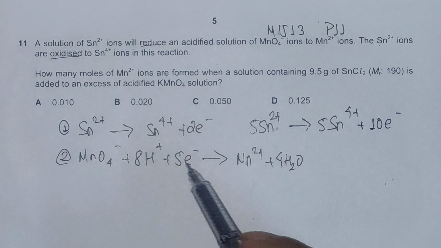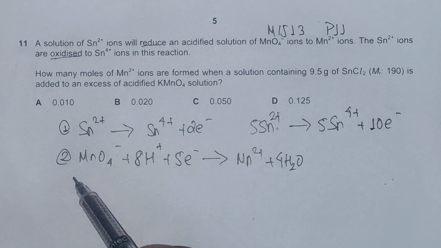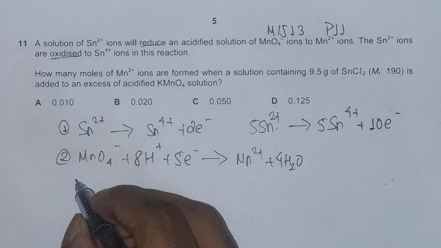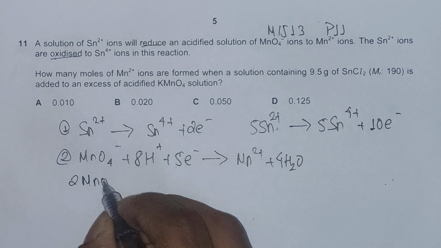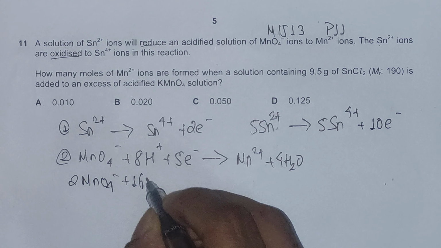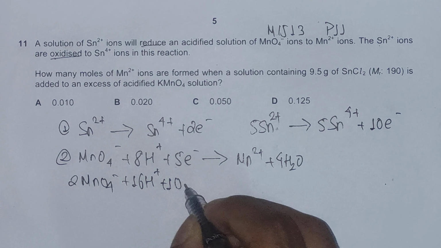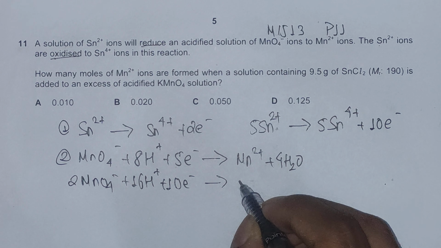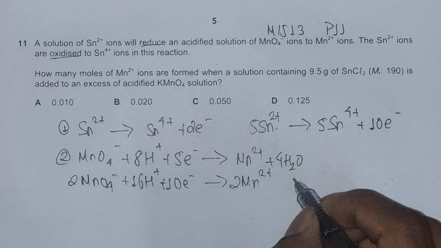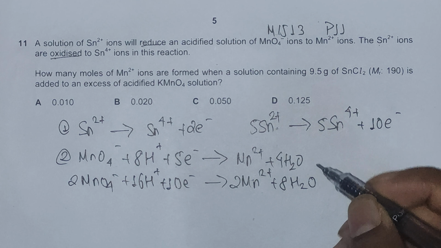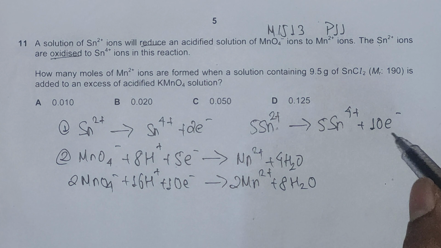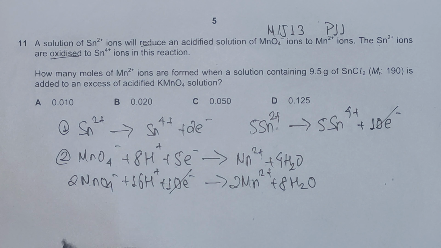To make 5 into 10, we need to multiply the second equation by 2, which is 2MnO4- plus 16H+ plus 10e-, giving us 2Mn2+ plus 8H2O. Now combining, we obviously have 10e- and 10e- cancelled out.